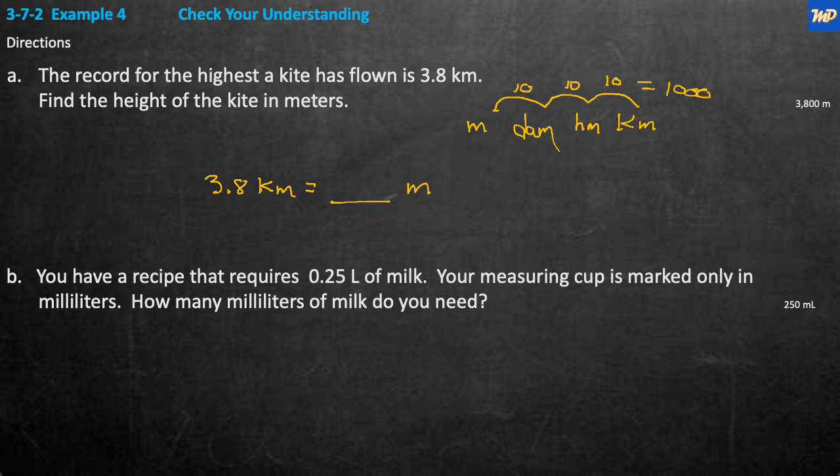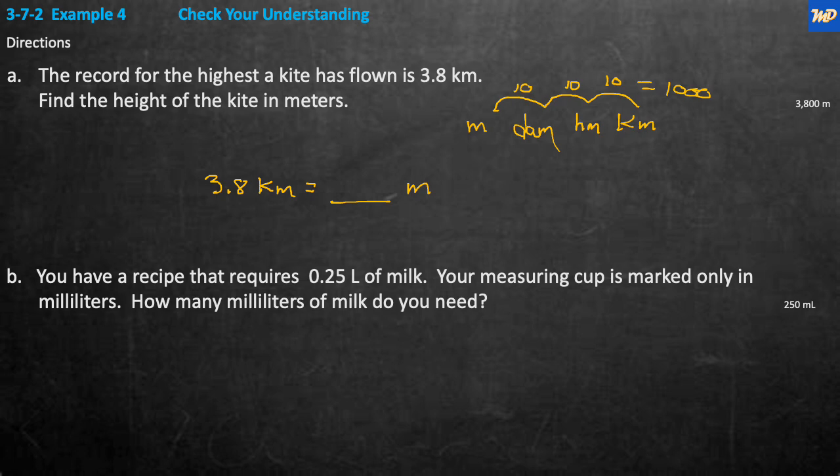So if you had one meter, a millimeter would be 1,000. See, it's much larger by that factor.